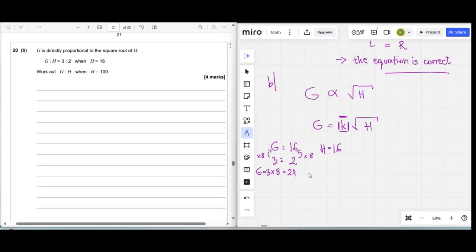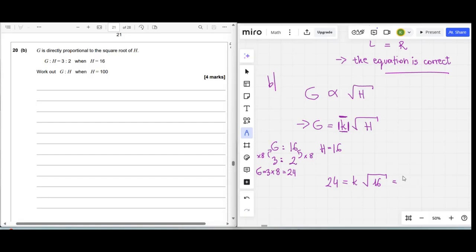Okay. So let's now substitute the 24 into the equation for proportion, to this one. So G, 24, is some k times the square root of h, that was 16.